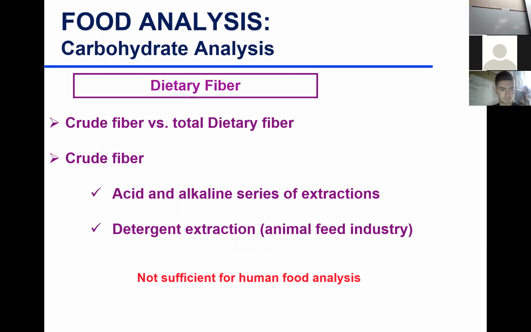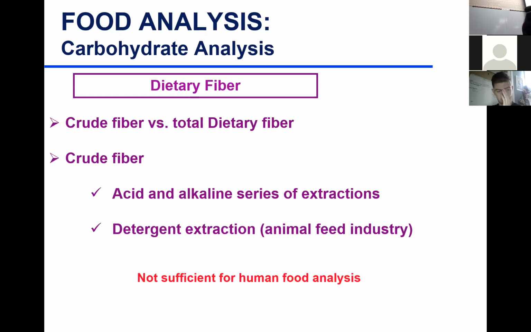For the crude fiber analysis methods, you can either use acid digestion or alkaline digestion. So you have your food sample, you add to it either acid or alkaline, and you heat and use a reflux system so that you have condensation and use the reagents efficiently and not have them boil off.